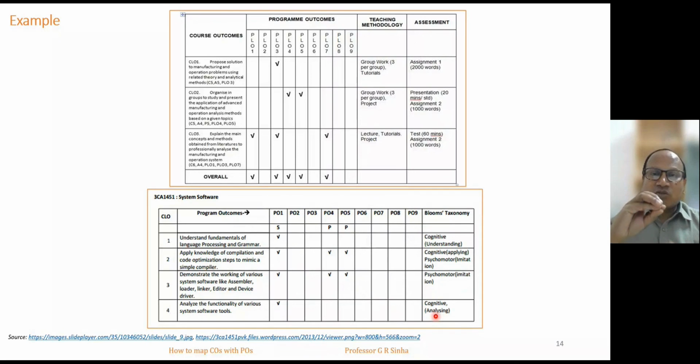So in this manner, you can also write the level of mapping, in addition to including the assessment tool and teaching pedagogies. So I hope this would help in preparing a document where we actually map the course outcomes of different courses under a program that we offer to the students. Thank you.